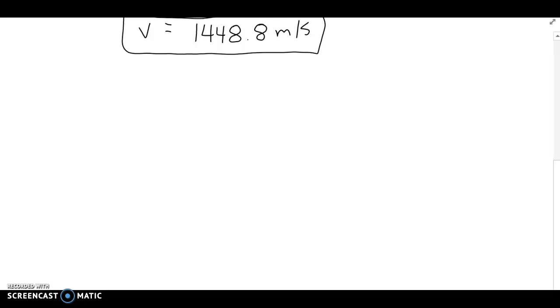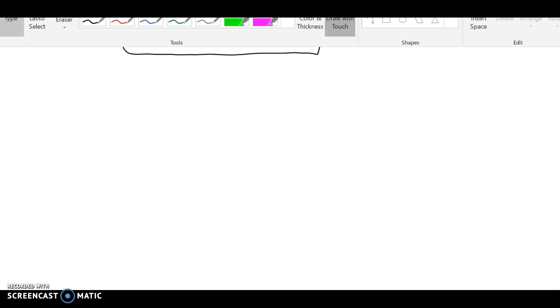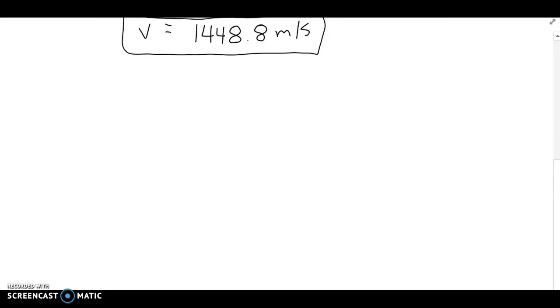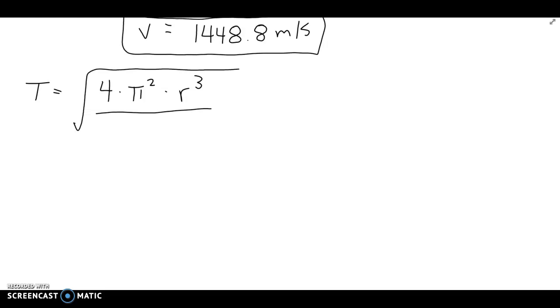So for the period, T equals, and this one is just ugly, but it's okay: 4 times pi squared times r cubed over G times the mass of Mercury.